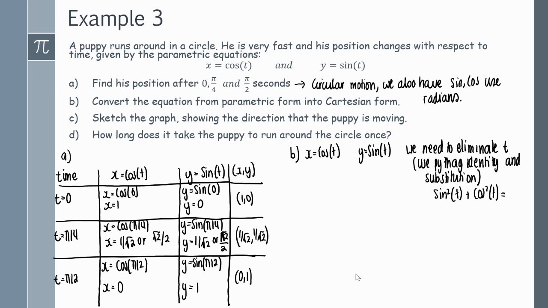I know that sine squared t plus cos squared t equals 1. Oh, hold up. I know that x equals cos t and y equals sine t. So I can substitute x in wherever I see a cos and y in wherever I see a sine into my Pythagorean identity.